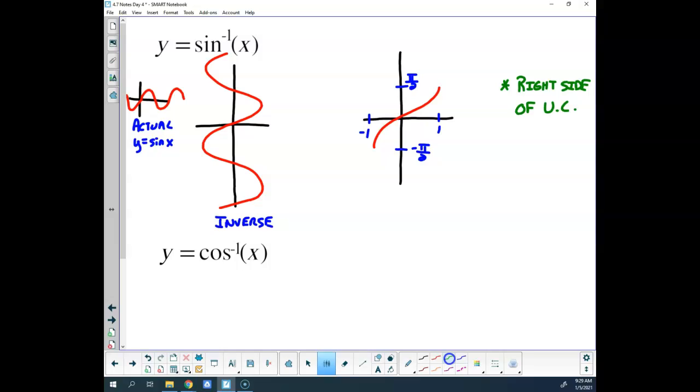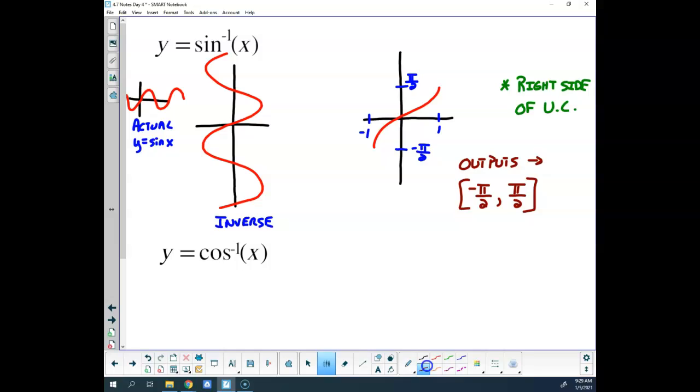So when we're using inverse sine as a function, we restrict our values to the right half of the unit circle. So all of our outputs have to be between negative pi over 2 and positive pi over 2. So if it's not in that value range, we can't write it down.